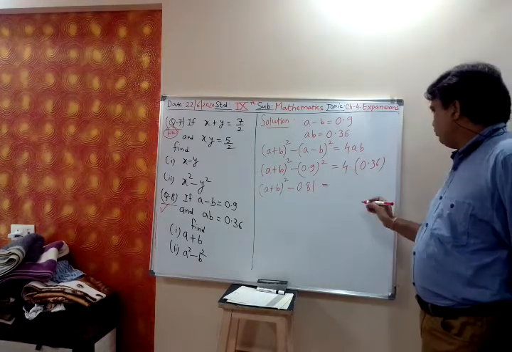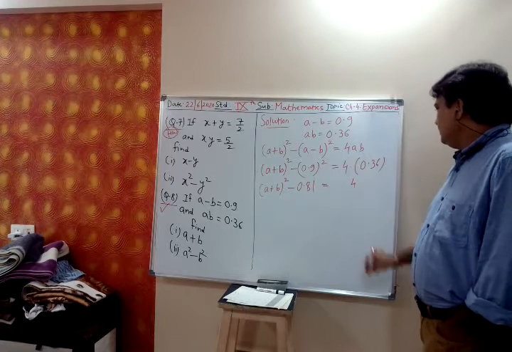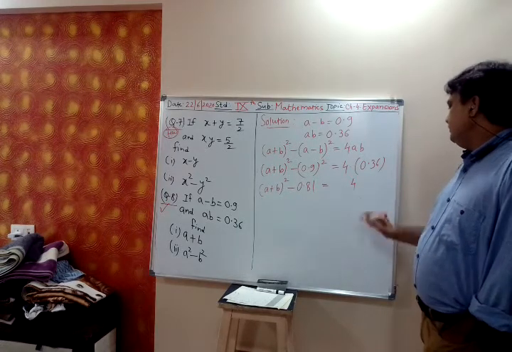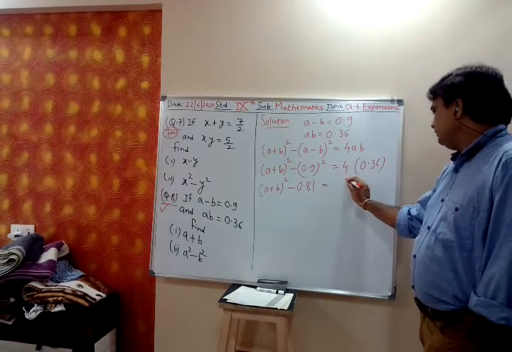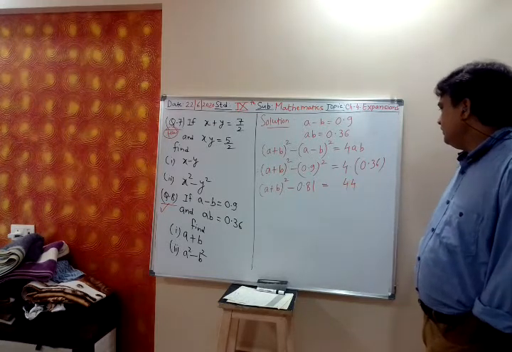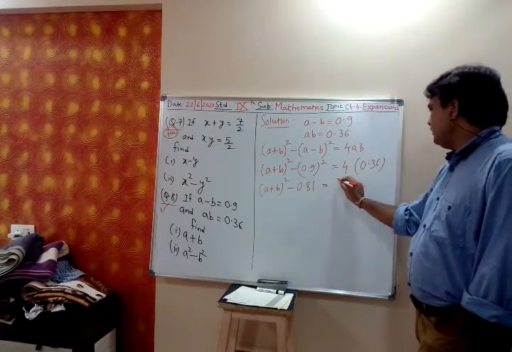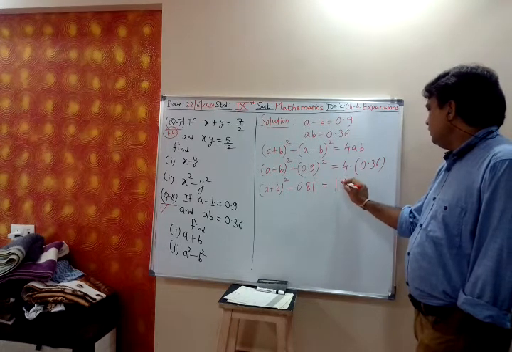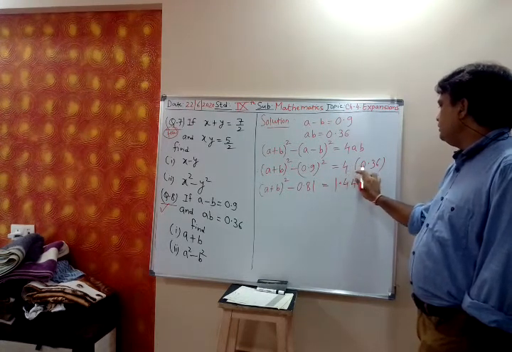4 6 is 24. 4 3 is 12, plus 2 is 14. 4, then 1 is left, so it is 1.44. That is 4 into 0.36.